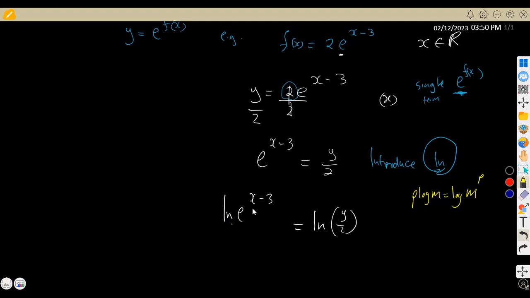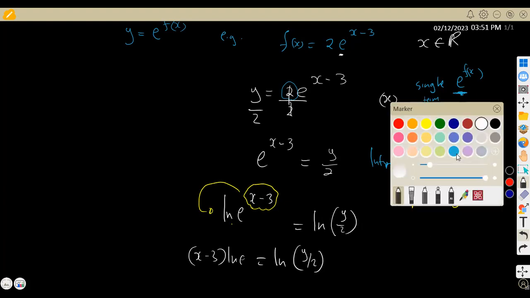So we are given an exponent of x minus 3, so we are supposed to multiply the log by x minus 3. So this is going to be x minus 3 ln e, which is equal to ln y over 2.